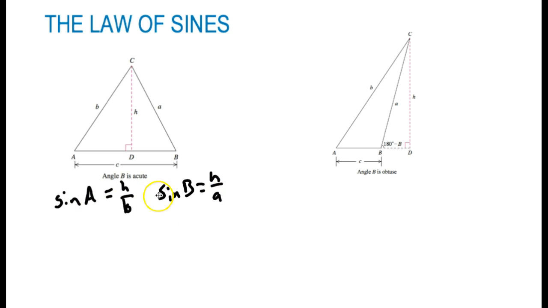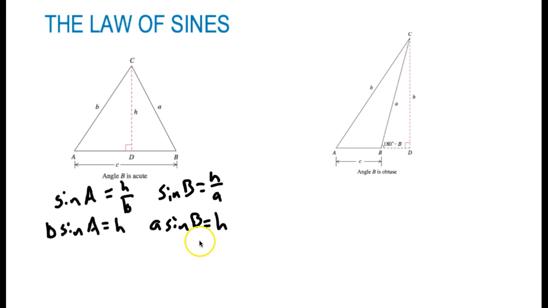Now, if I take each of these equations and solve them for h, I would just multiply b here. We would get b times the sine of A is equal to h. And then here, multiply the a over, we get a times the sine of B is equal to h.